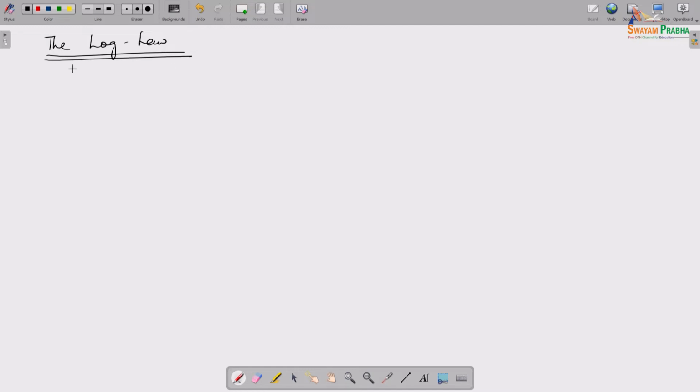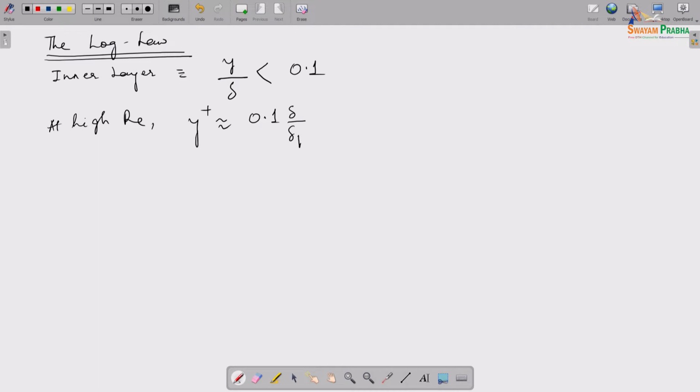For the inner layer, at high Reynolds number, the length scale is 0.1, or one tenth, of delta by delta v.